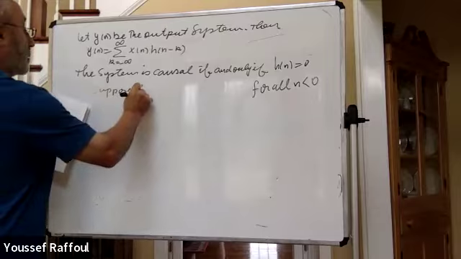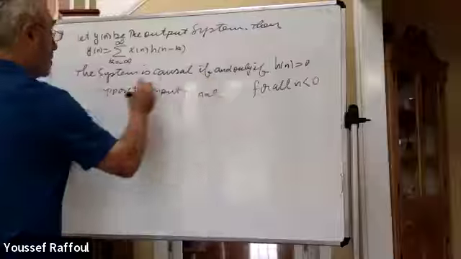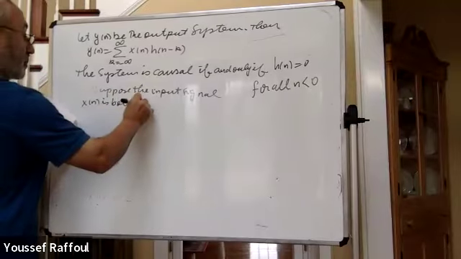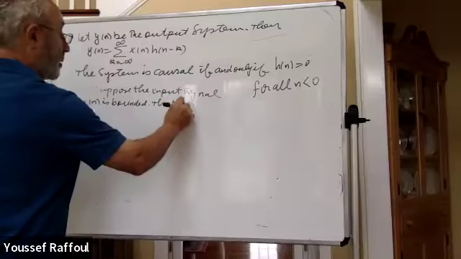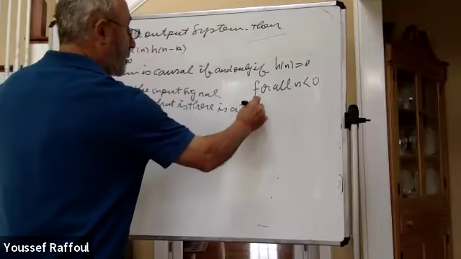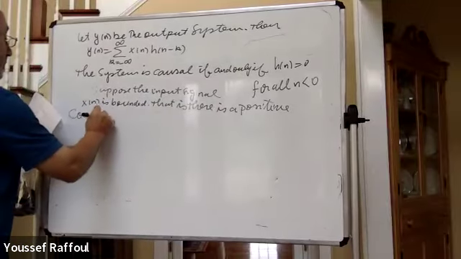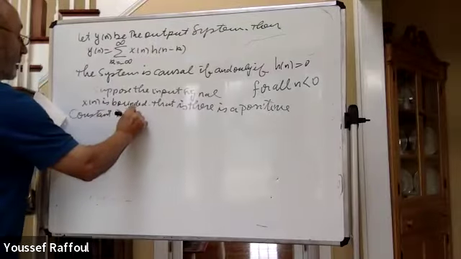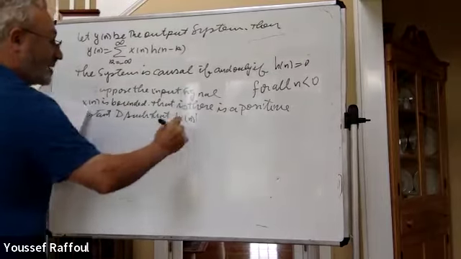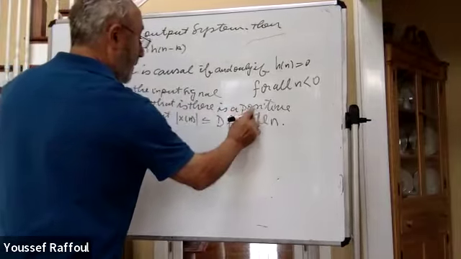Suppose the input signal xn is bounded. That is, there is a positive constant d such that the absolute value of xn is less or equal to d for all n.